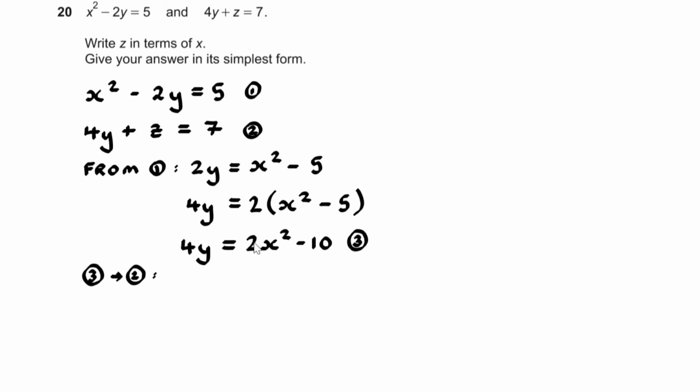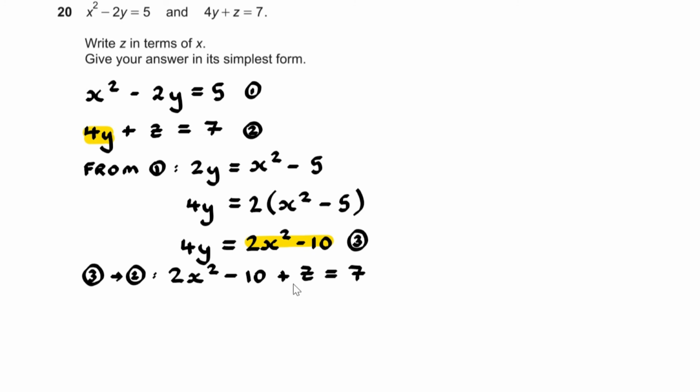So this result I can replace with 4y. So I've got 2x squared subtract 10 plus z equals 7.